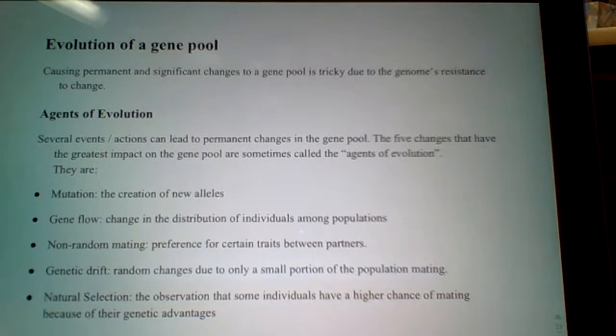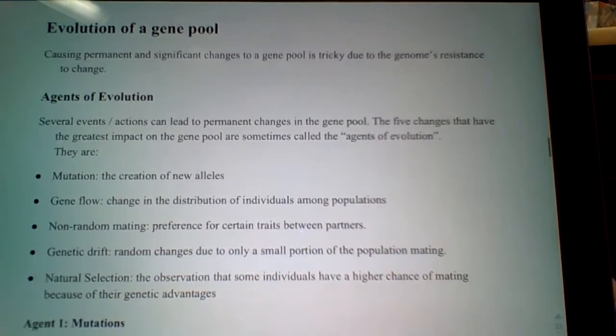So these 5 agents of change include small populations, non-random mating, mutation, movement or gene flow, and then the idea of natural selection. So I want to go through each of those individually and think about how they affect the allele concentration, or the alleles, and how they affect the variation in those alleles.